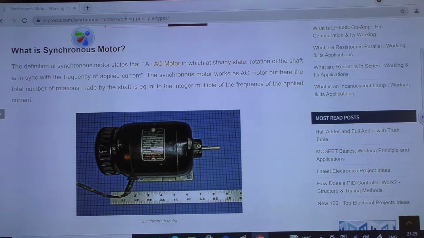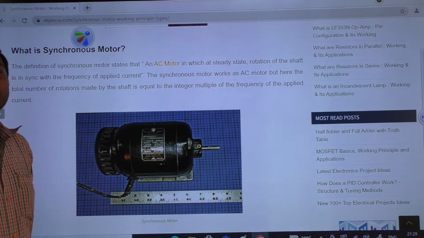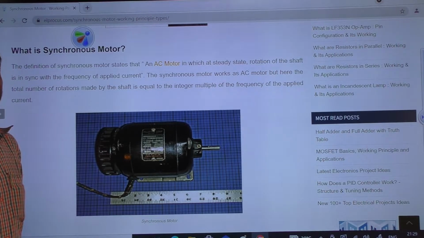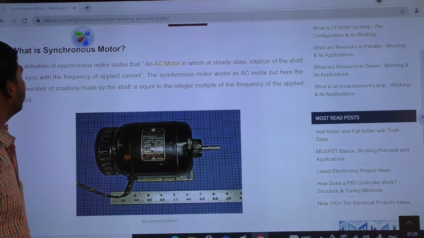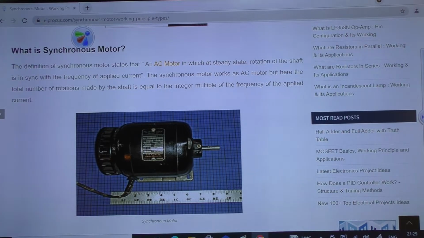The definition of synchronous motor states that it is an AC motor which, at steady state, has rotation of the shaft in synchronism with the frequency of the applied current or voltage.